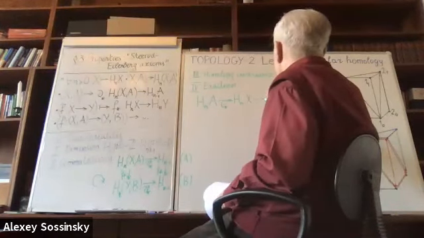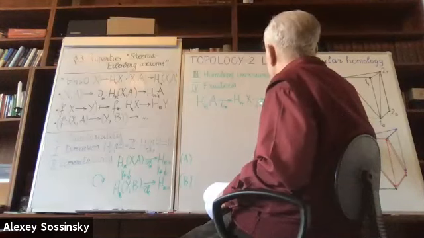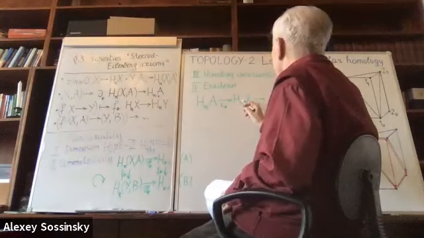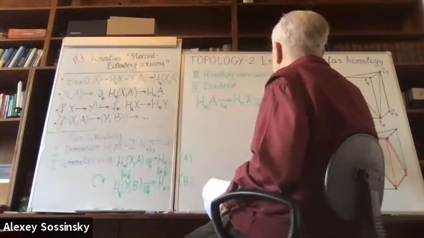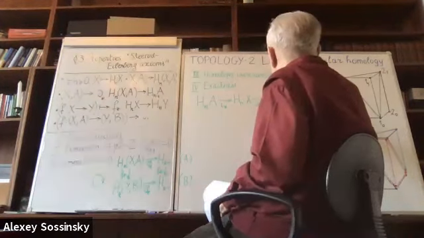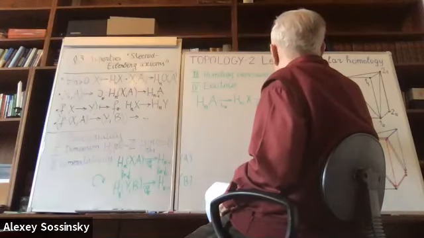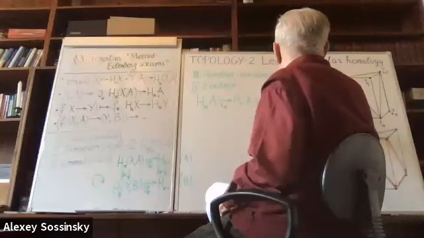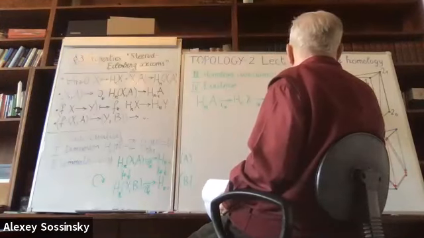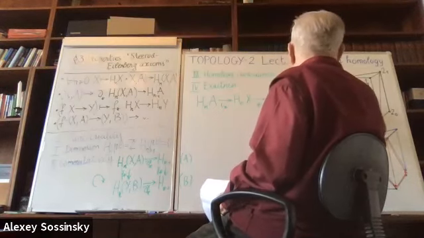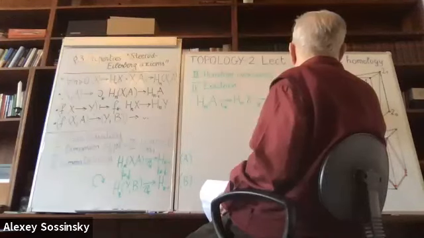And from this, we have j star, which says that we look at a chain in X as a relative chain. So this is (X, A) here. And d star takes us to H_{n-1}. This was n, and here we have n minus 1, and things continue in the same way.